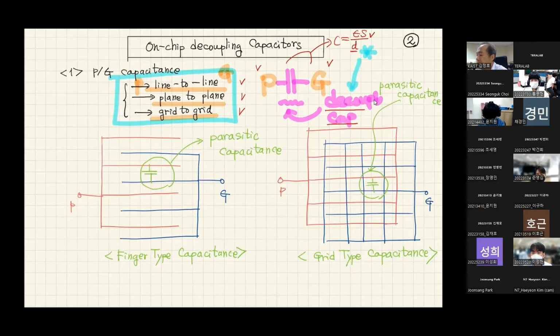So planar type with the maximum area will be very helpful. In addition to that, you have to fill the dielectric with the material that has the highest dielectric constant. High K material will help to maximize the capacitance.